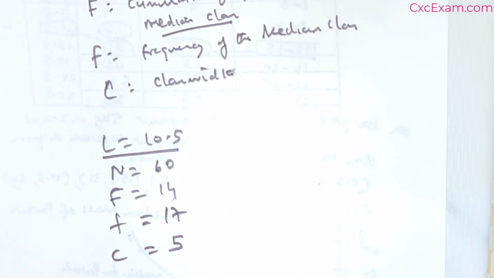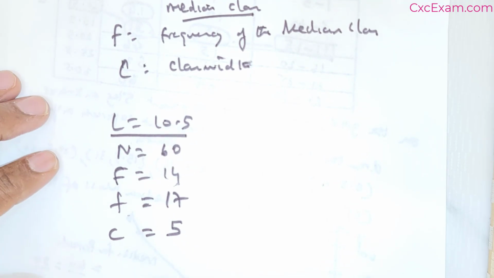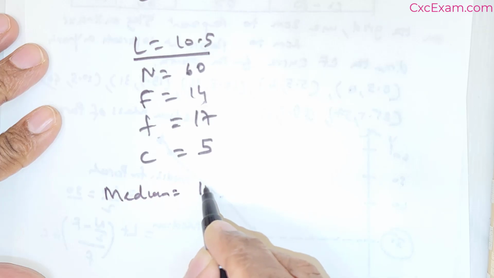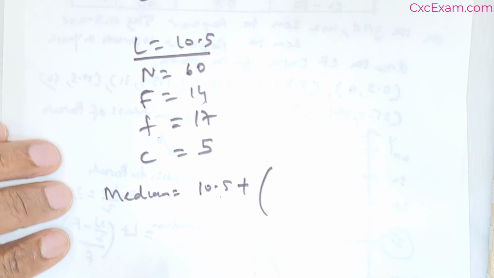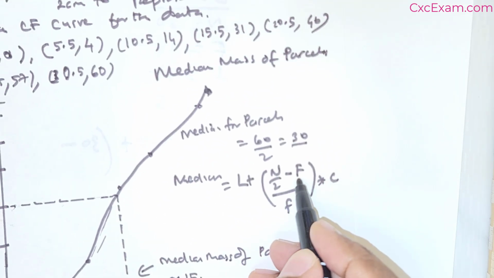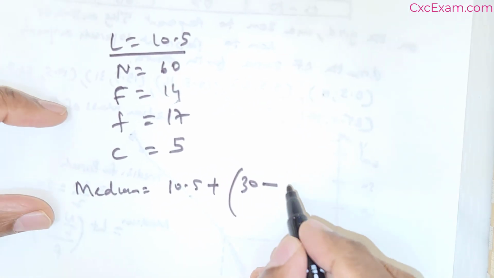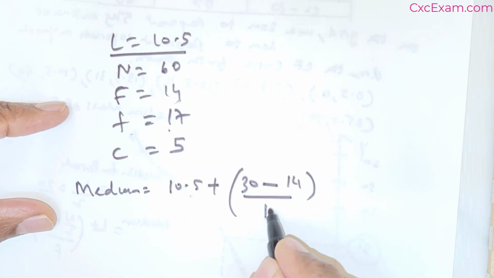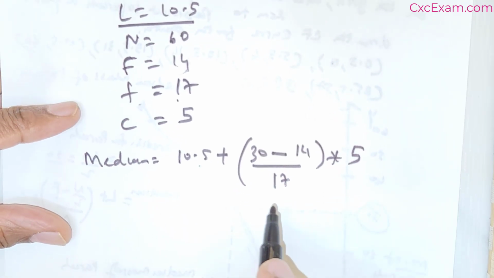So we will have to substitute all of this into the formula. So let me write that down. So median is equal to 10.5 plus n divided by 2, that's going to be 30, minus F, the cumulative frequency before the median class, that's 14, divided by frequency f, which is 17, multiplied with the class width 5.